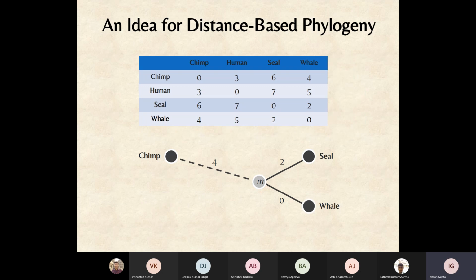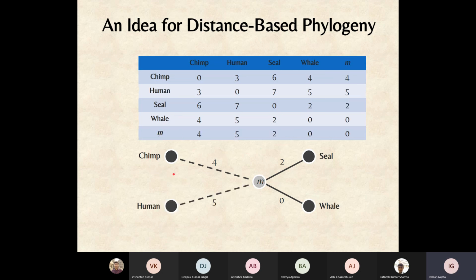So once you have added this value for the chimp, now you can add the value for human as well. So the distance between human and chimp is 3, but distance between human and seal is 7, human and whale is 5. So this is 2 here, this is 0 here. So if you add an edge of length 5, you are going to complete this matrix and you will have one internal node, which is M here, right?